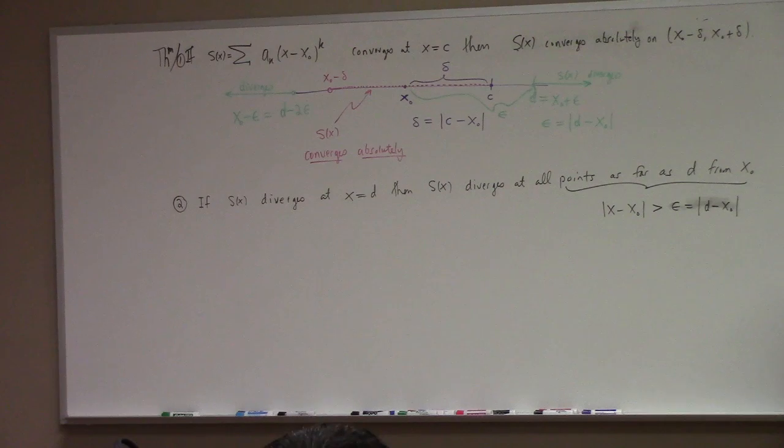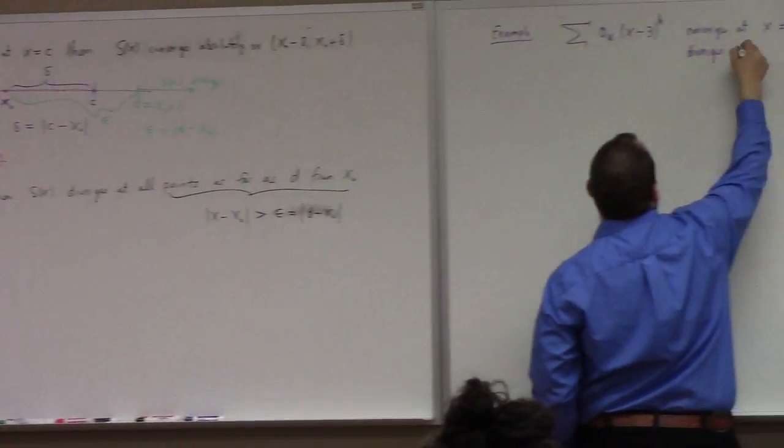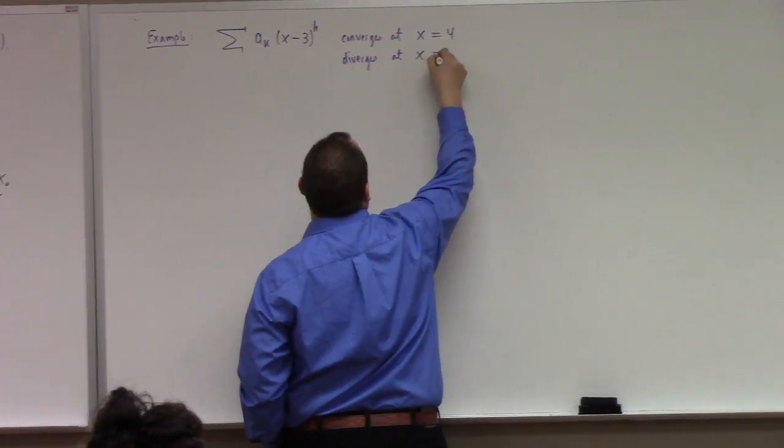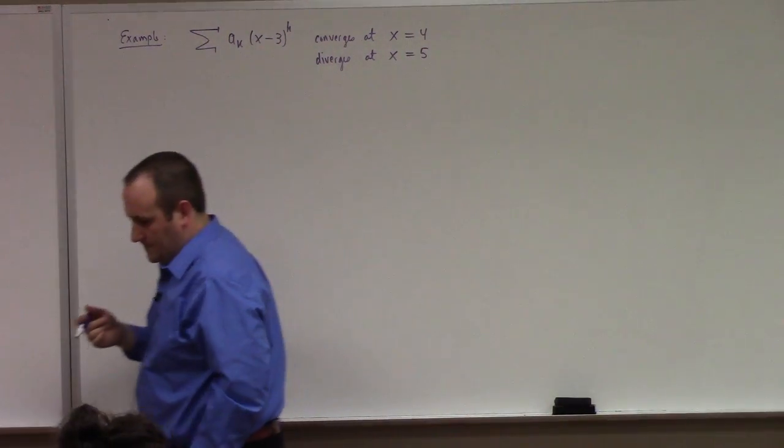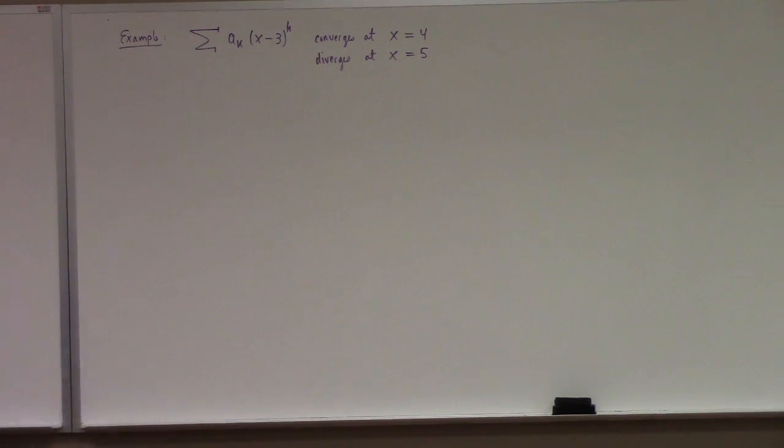Suppose you know that the sum of a sub k times (x minus 3) to the k converges at x equals 4, and it diverges at x equals 5. Find the maximal and minimal intervals of convergence which are possible given this data.